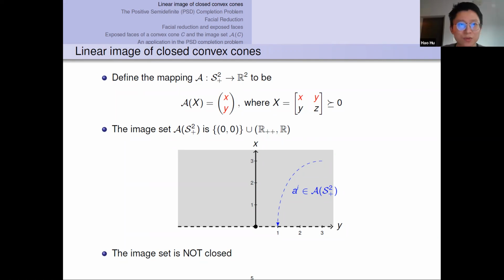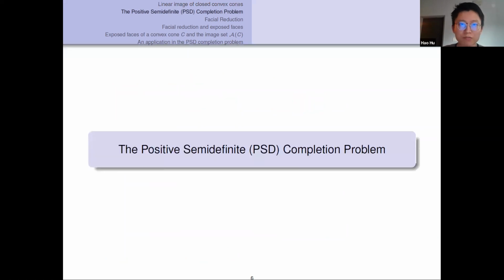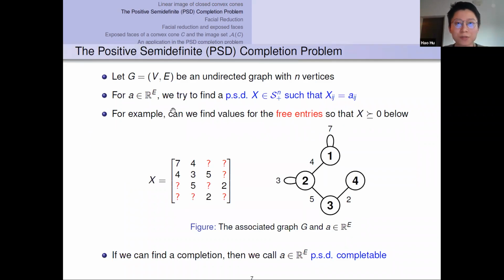And next, we are going to talk about the linear image of closed convex cones and its connection with the problem called the positive semi-definite completion problem. I'm pretty sure you are all familiar with this problem, but let me go through it quickly once more to get familiar with the setting.